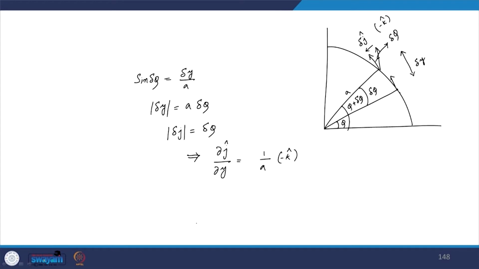Now let us put these two things together. I have to write d j cap by dt equal to dou j cap by dou x into dou x by dou t plus dou j cap by dou y into dou y by dt.